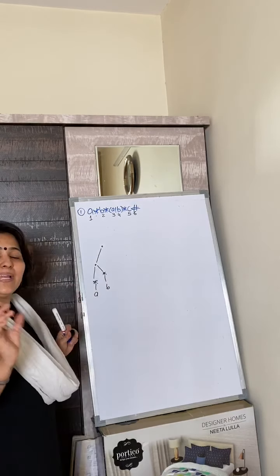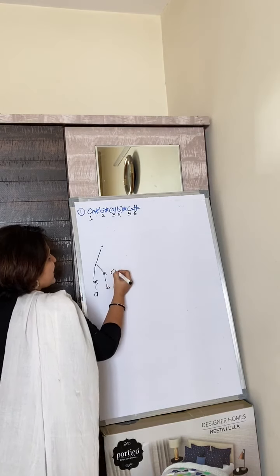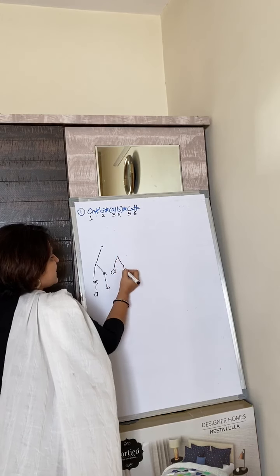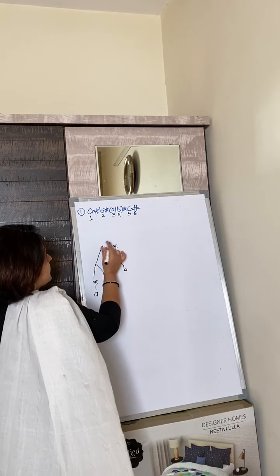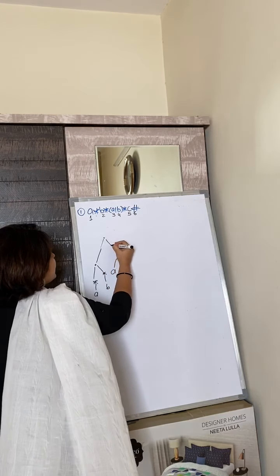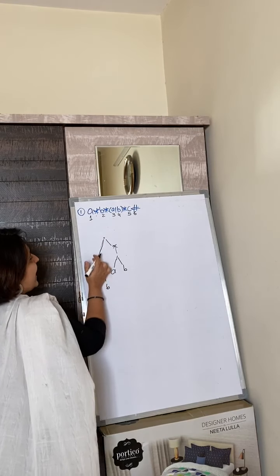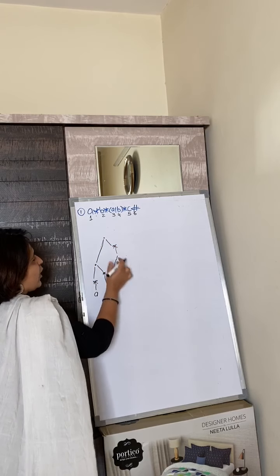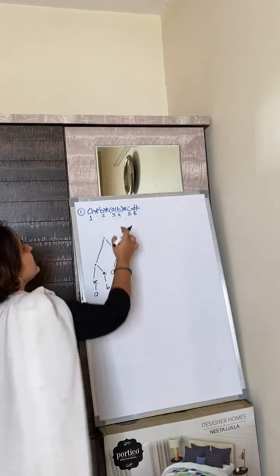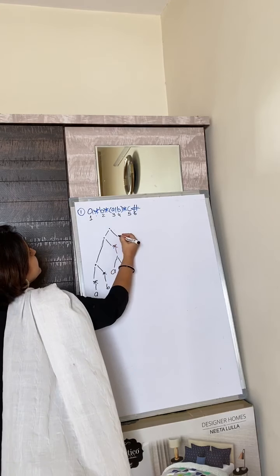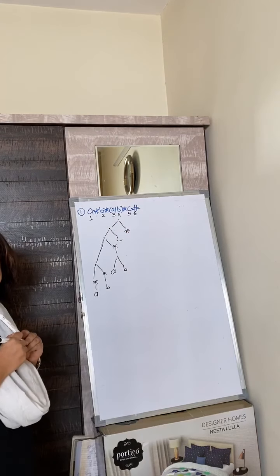First we require A or B, and then multiple occurrences of A or B. So this is my A or B simply, and then this is the star for multiple occurrence of A or B. This is A star concatenated with B star, and the entire result is concatenated with (A or B) star. Now this entire sub result is concatenated with C, and this sub result is concatenated with hash. That's it. That's so simple to draw the tree.